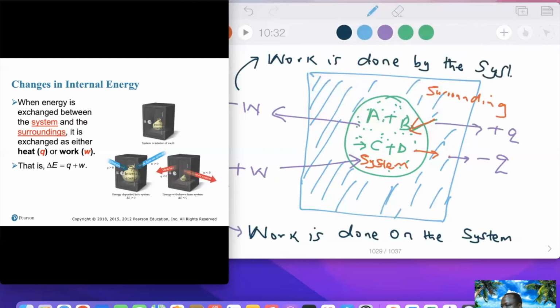These are the terms you will see in the exam, and if you don't understand, it will be very difficult for you.